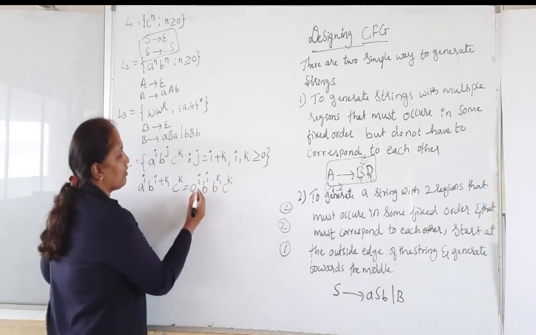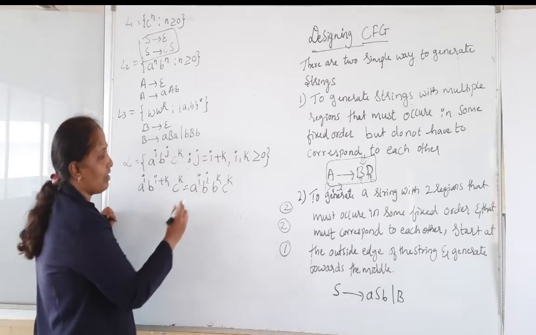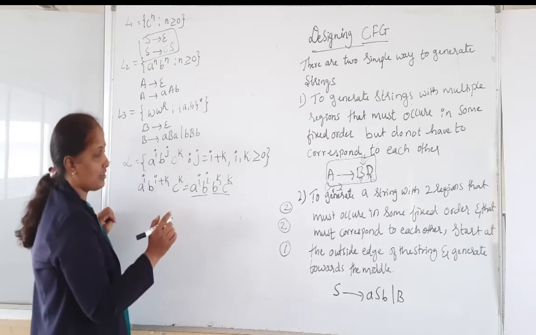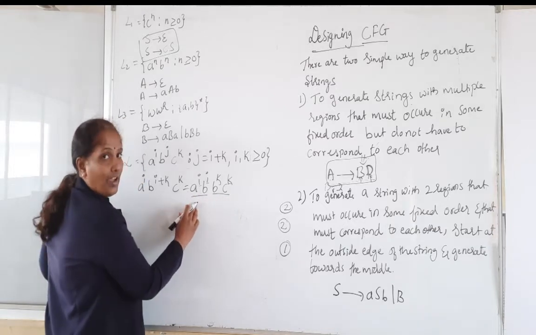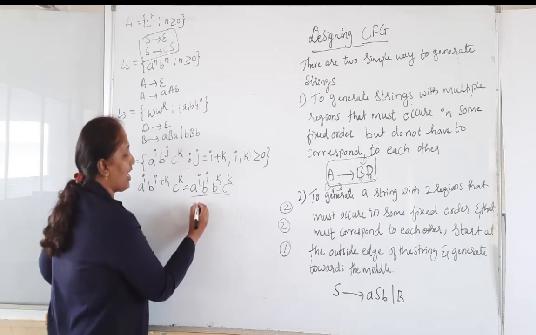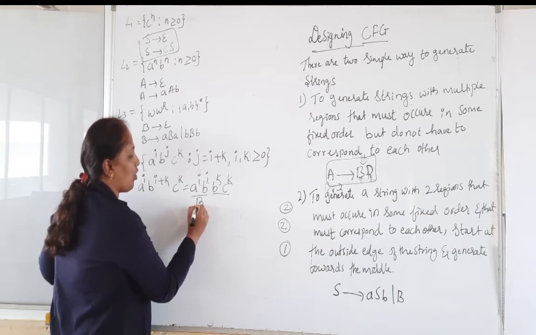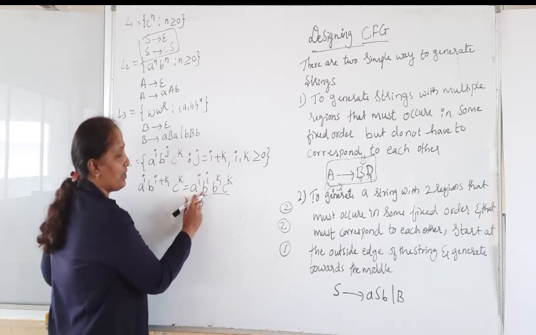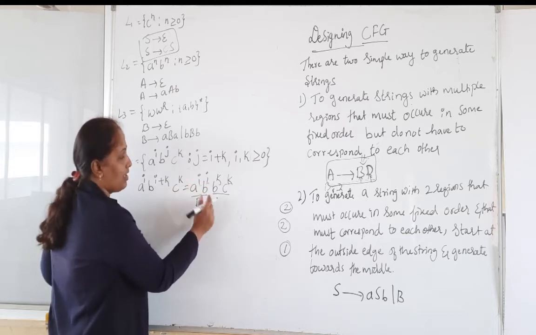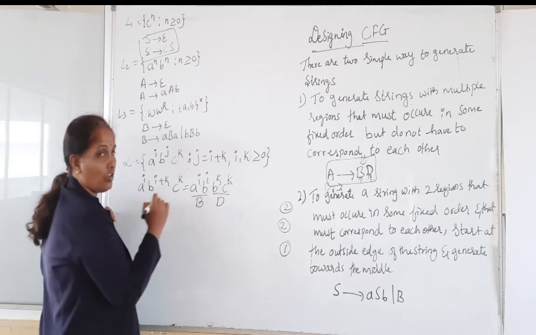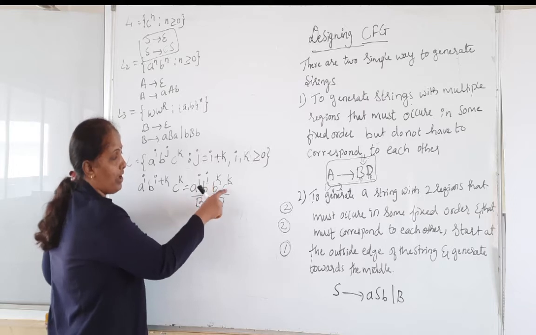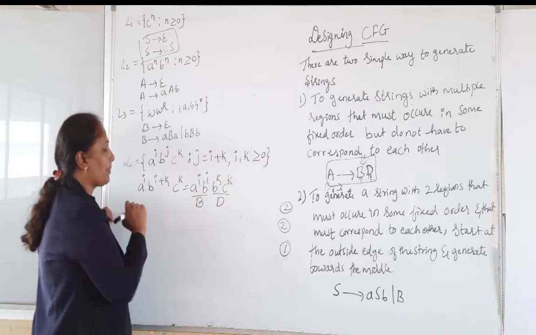Next, see, what is the power of these two? It is i, and what is the power of the next two? It is k. So based on the power, I will divide these strings into two regions. To define these two regions of a string, I will declare two non-terminals. B is defining the strings where a is followed by b, i times, and I will declare one more non-terminal, that is D. It contains b followed by c, k times.